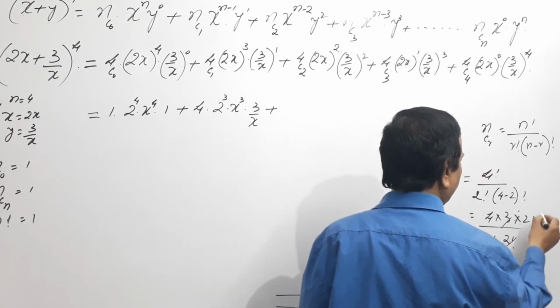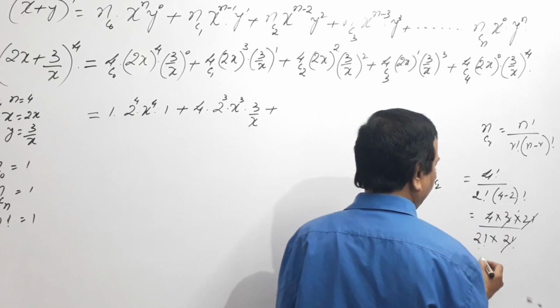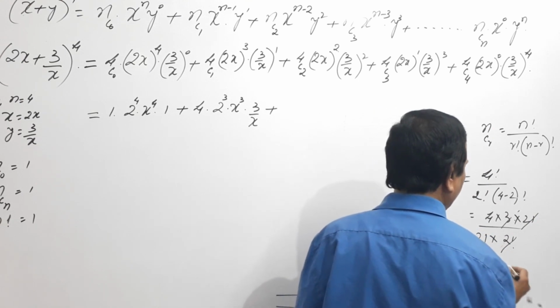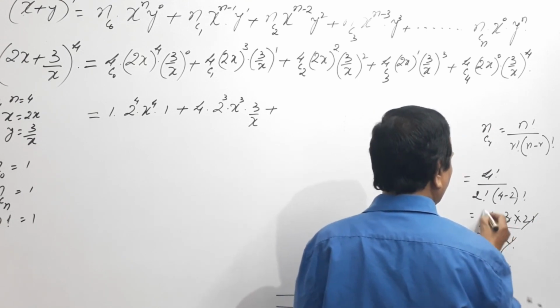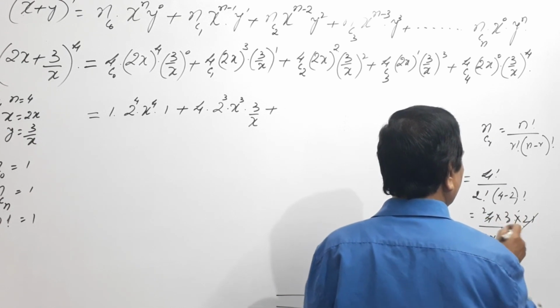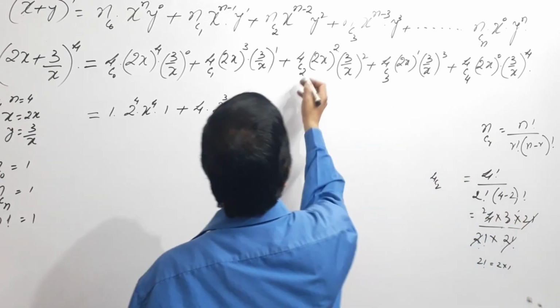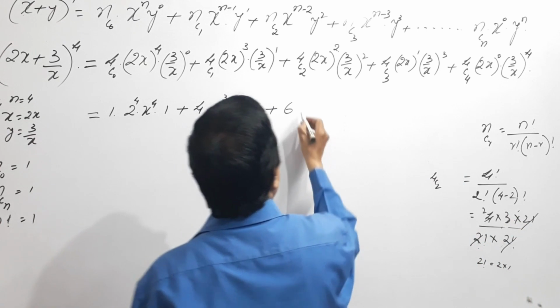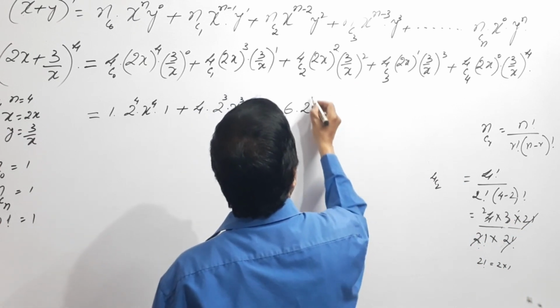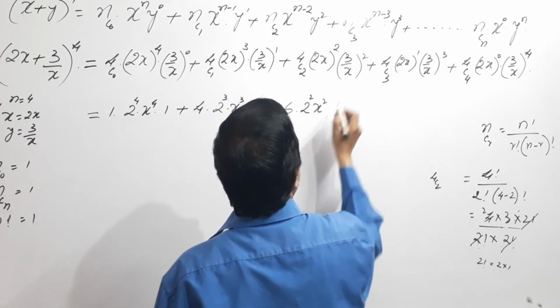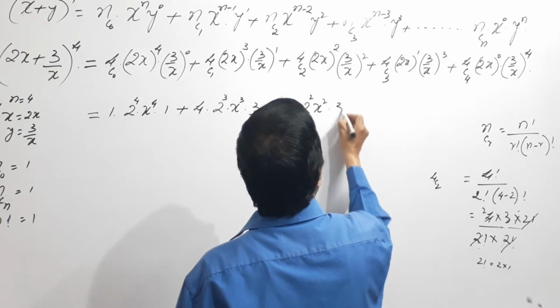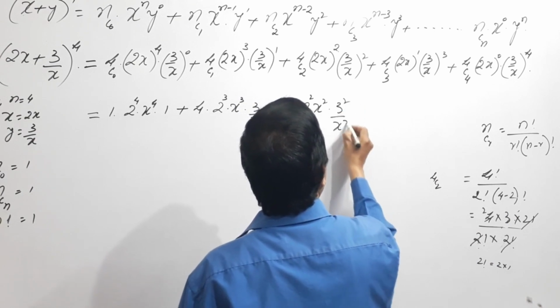So 2 factorial cancels. 2 factorial is 2 into 1, so 2 ones are 2, 2 twos are 4, 2 into 3 is 6. So this becomes 6 into 2 to the power of 2, x to the power of 2, into 3 to the power of 3 and x square.